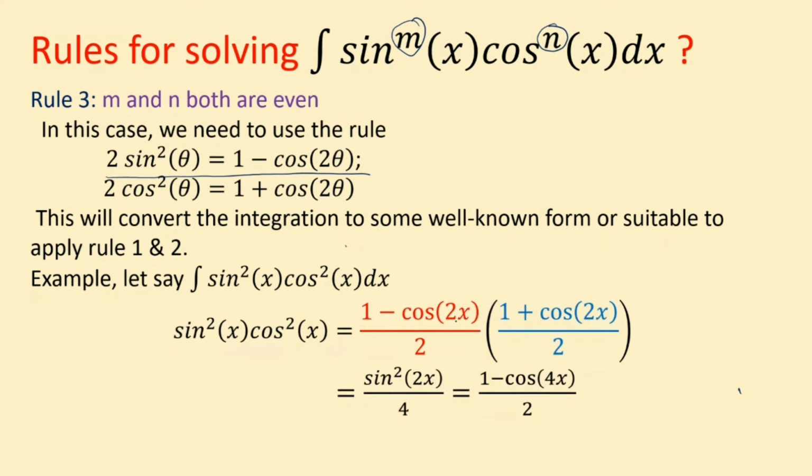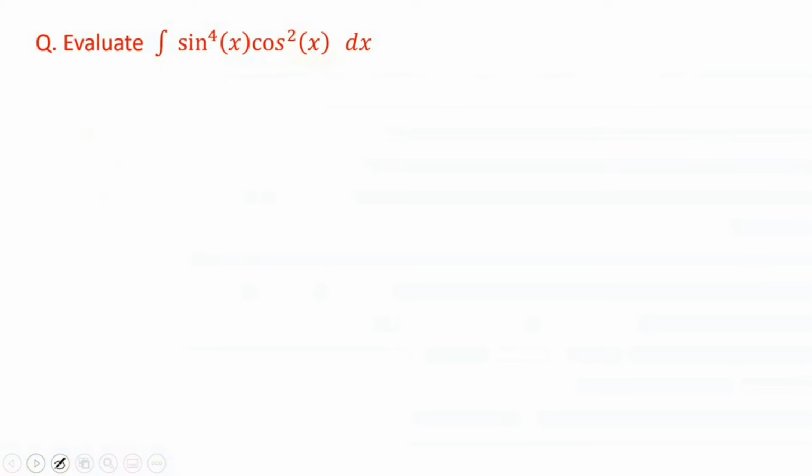Then you will get 1 minus cosine 2x times 1 plus cosine 2x, which is 1 minus cosine square 2x, which is sine square 2x, and then it will convert to 1 minus cosine 4x over 8. So this is now a known form and you can solve the integration.